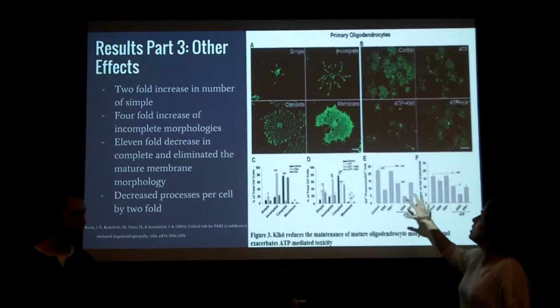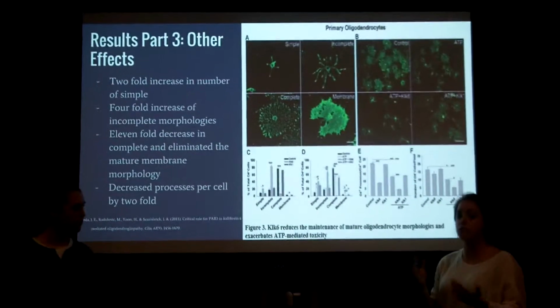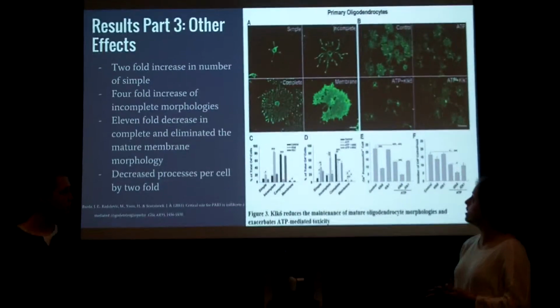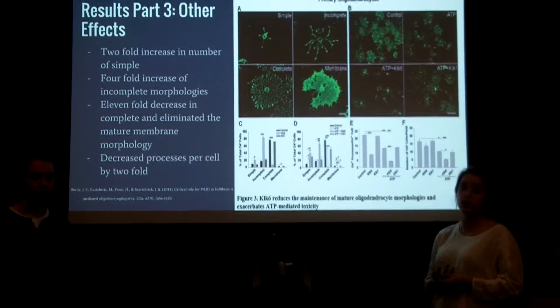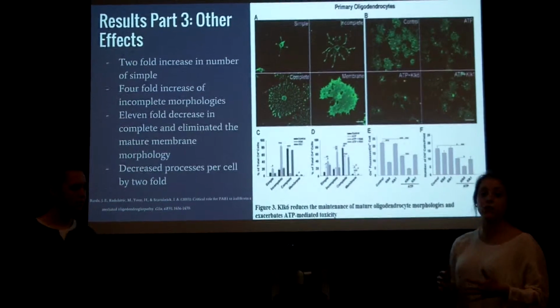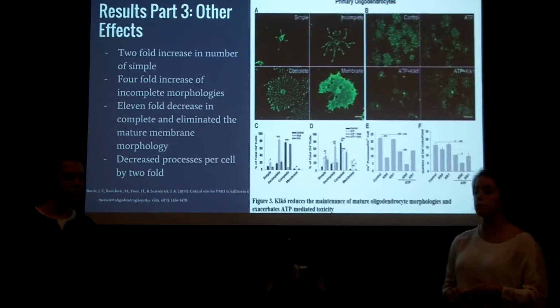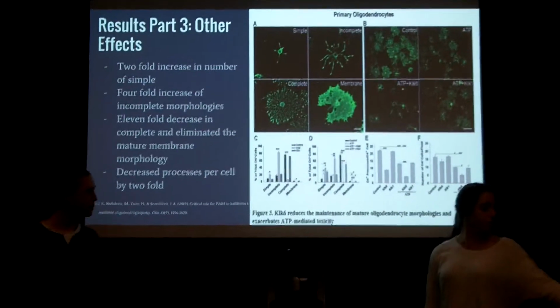But they also noticed that as the Kallikrein 6 was exposed to the cells, it completely eliminated the membrane phenotype, as well as an 11-fold decrease of the complete phenotype, and it increased the number of simple and incomplete phenotypes expressed. And that's what these diagrams in here quantify.